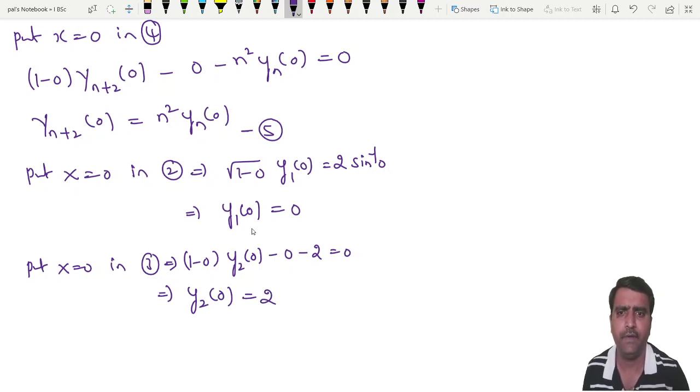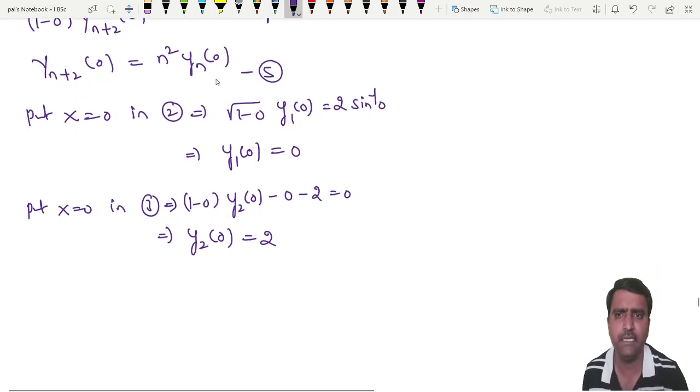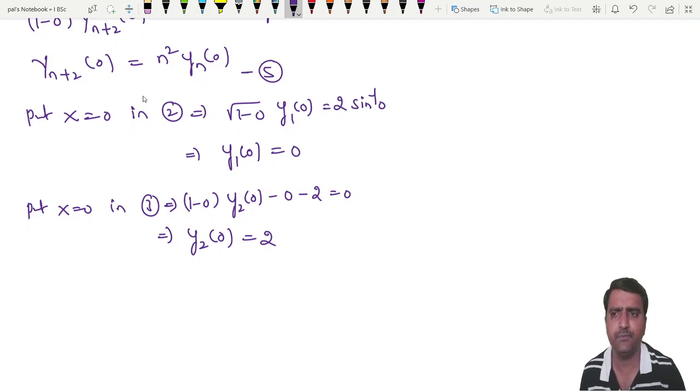So we find y1 of 0 and y2 of 0. If we need y3 of 0, in equation 5 put n is equal to 1. It gives y3. When n is 2 it gives y4. When n is 3 it gives y5. Like that you find some more values.